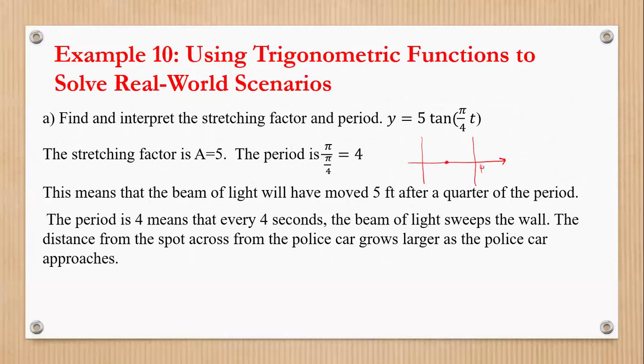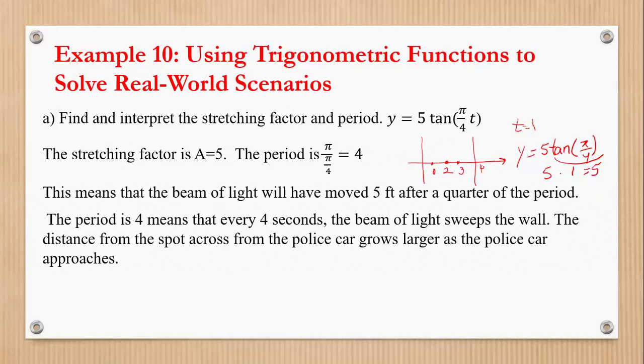And the midpoint is 2, and the midpoints of these halves are 1 and 3. So if you replace the t by 1 into this equation, you will get 5 times tangent of pi over 4 times 1, which is pi over 4. The tangent of pi over 4 is 1, and 5 times 1 is 5.